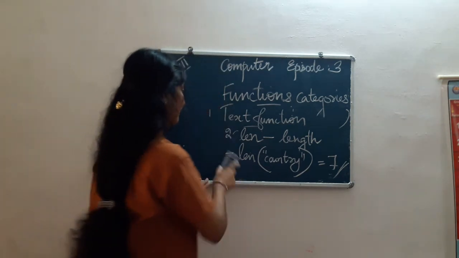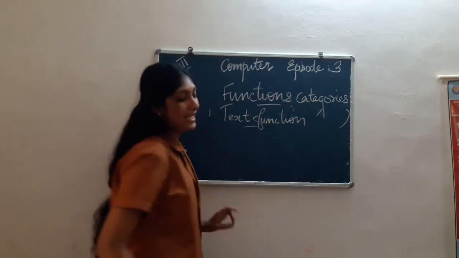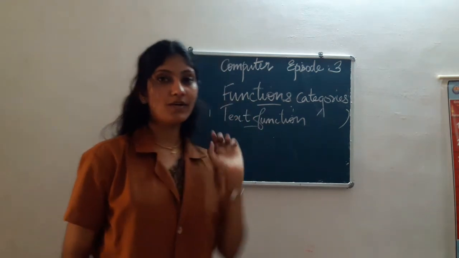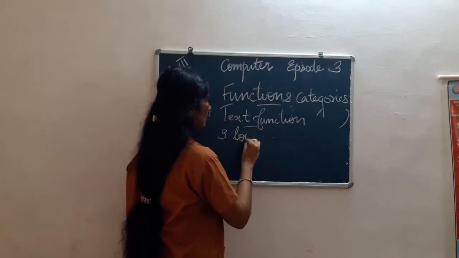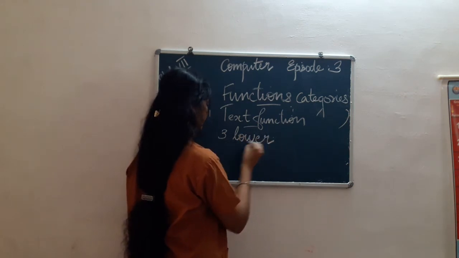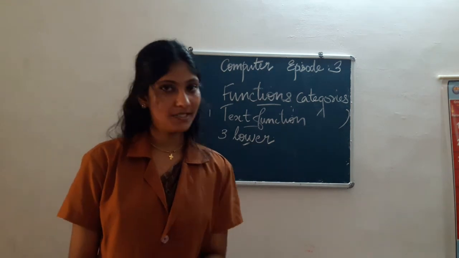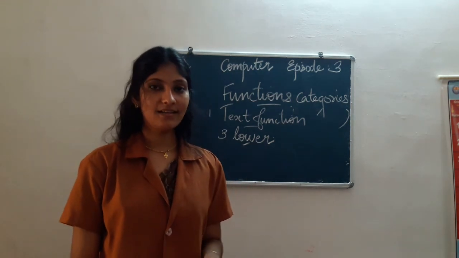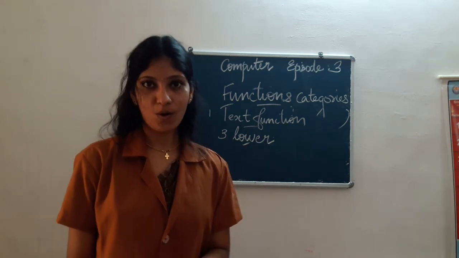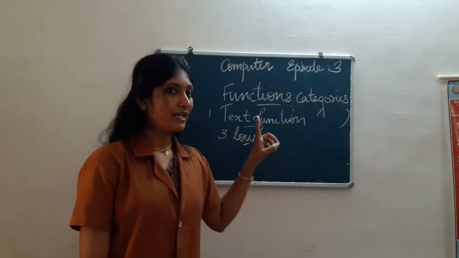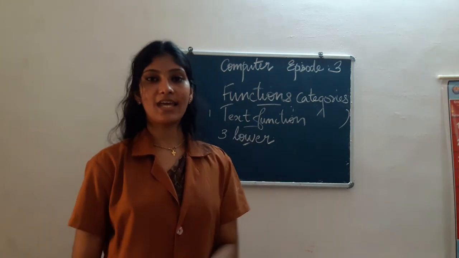Then the next function is LOWER. Lower means if you write the string in capital letters or uppercase letters, this function converts it to lowercase or small letters. The lower function is used to return lowercase characters.